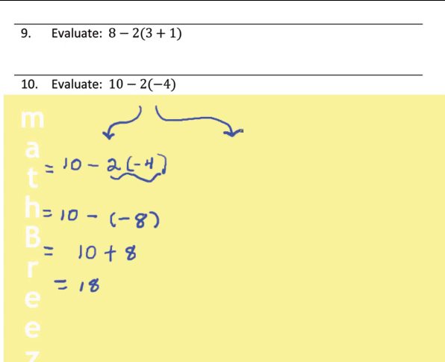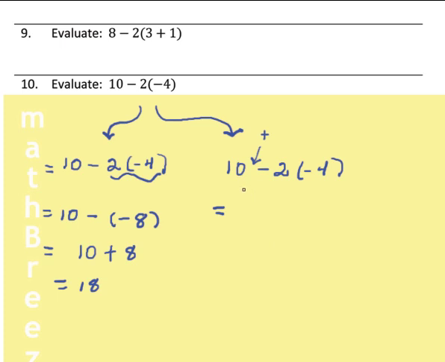Now let's look at another way of doing this. What I really prefer is that you skip this step. So let's rewrite. Let's say we have 10 subtract 2 times minus 4. What I prefer you do is just imagine a plus symbol over here, like we did when we changed subtractions into additions.